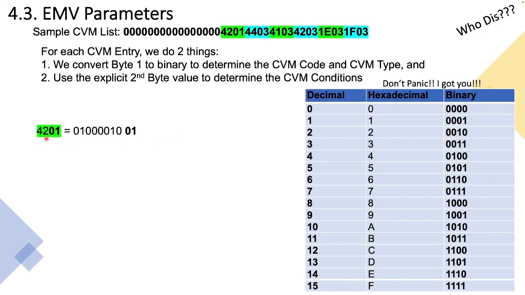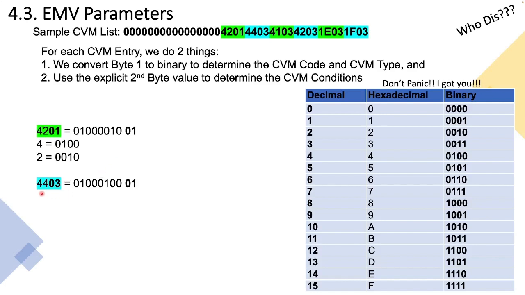So 42 translates to 01000010. We don't do anything to byte 2, so the 01 remains as is. I've just written it there so we can continue on this example. So as I explained to you, 4 is equal to 0100, 2 equals 0010, and that's how we get the first part of the string.